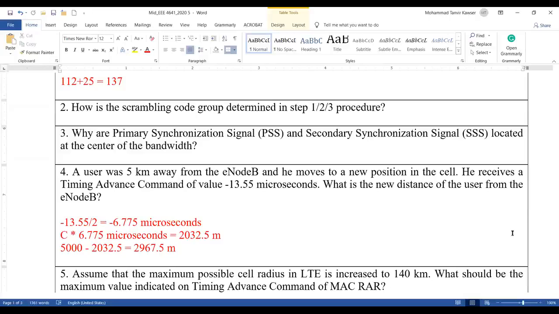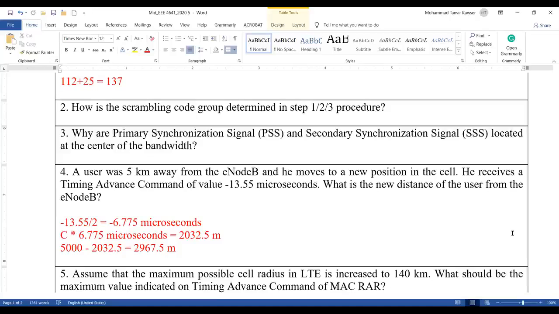Sir, is there any relation with orthogonality? Because for orthogonality, we need the frequency to be located at the center so there is no intercarrier interference. No, orthogonality is already maintained. There are two types of orthogonality.